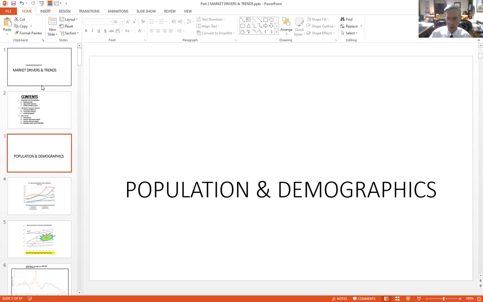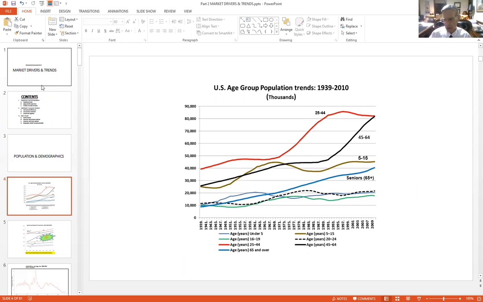All right, so let's have a look at population and demographics. And the first thing to note is that age groups differ over time. So here you can see a graph that shows changes in age group populations between 1939 and 2010.